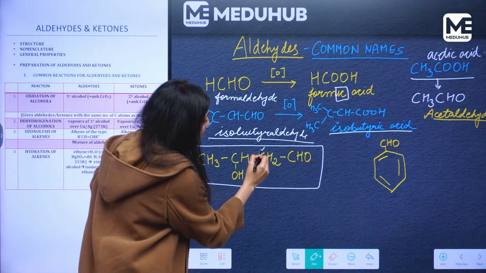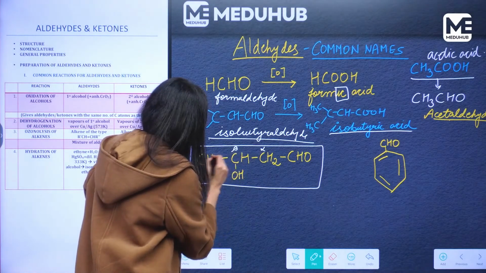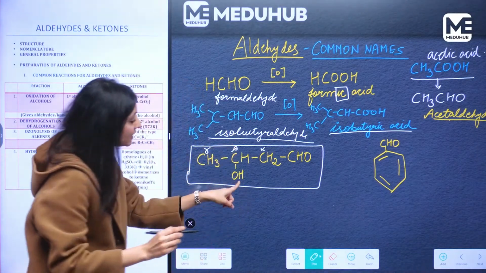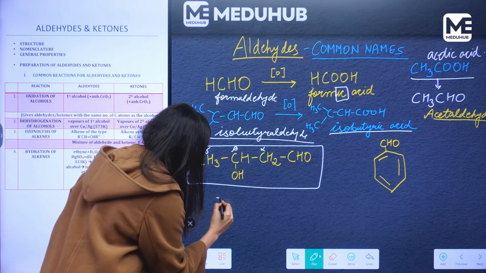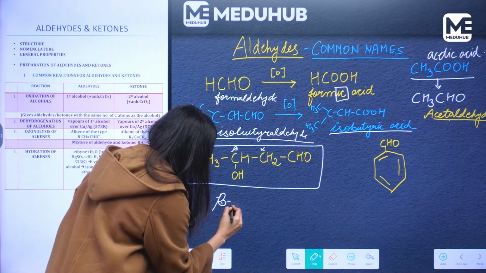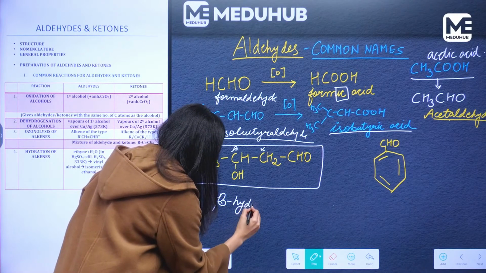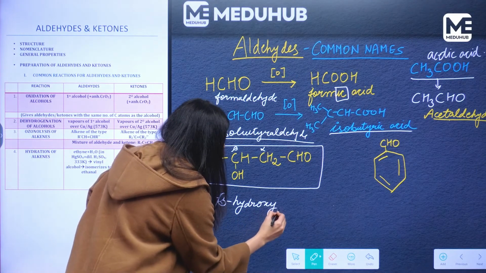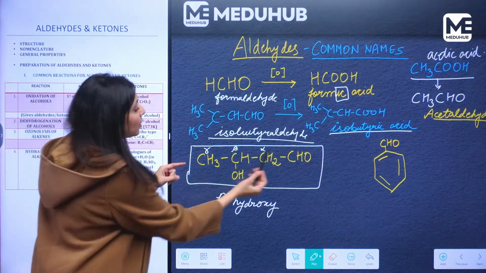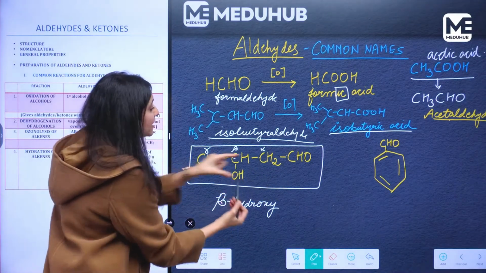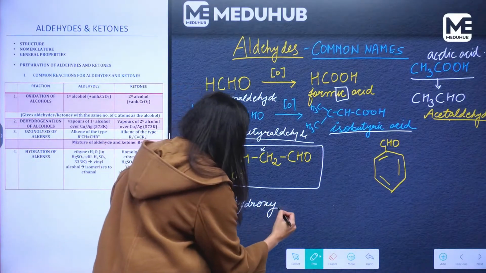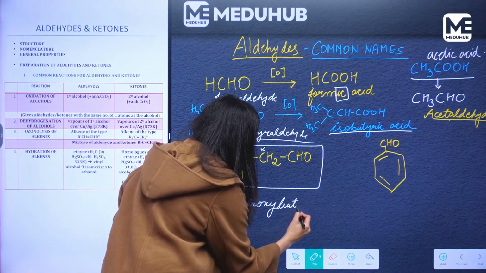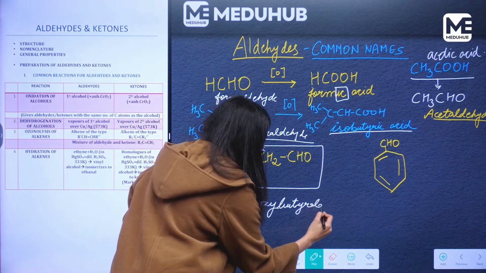So this carbon is alpha, this is beta, and this would be gamma. To the beta carbon, a hydroxy group is attached. So this will be beta hydroxy. And what will be the common name of an aldehyde which contains 4 carbons in a chain? This will be butyraldehyde. So beta hydroxy butyraldehyde.